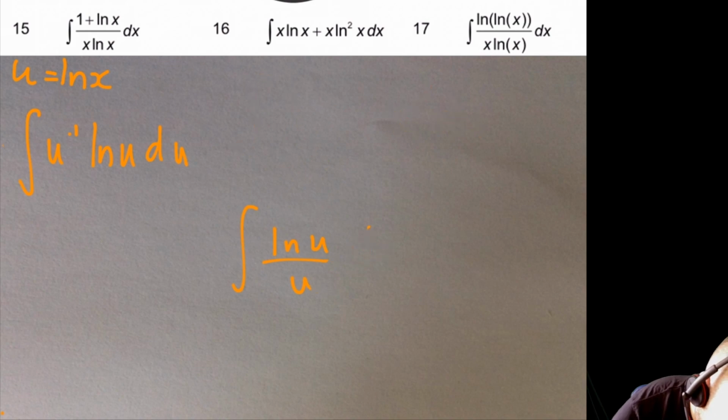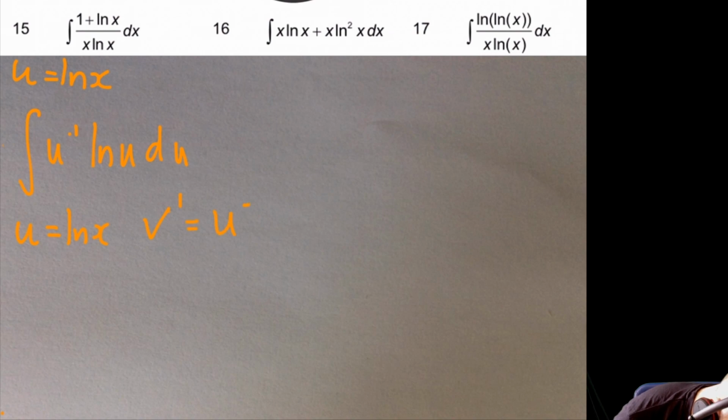So u is going to be ln u, v dash is going to be u to the minus 1, u dash 1 over u, v is the integral of u to the minus 1, we're assuming u to the minus 2.